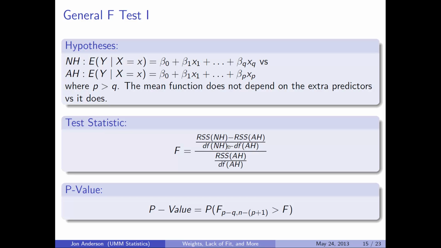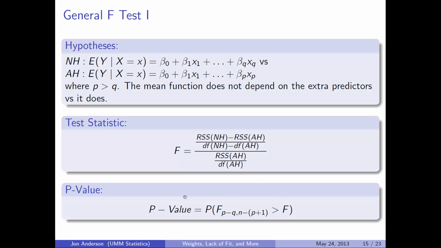That's what this difference measures. And because both the numerator and the denominator are residual sums of squares divided by degrees of freedom in some sense, this is really some kind of a mean square for the drop or the change divided by the mean square for residuals. So these are mean squares divided by mean squares, just like F statistics always are.